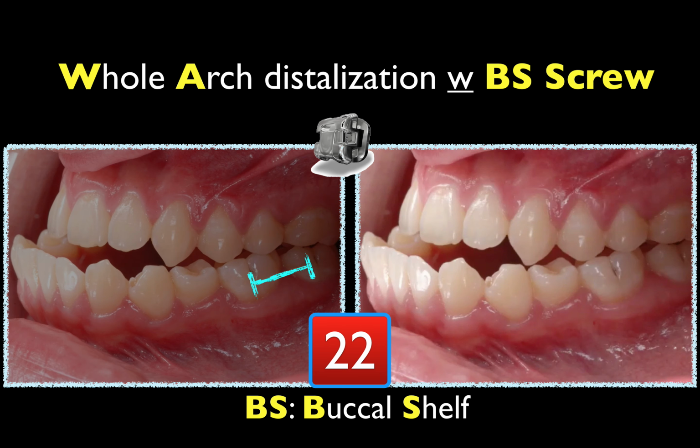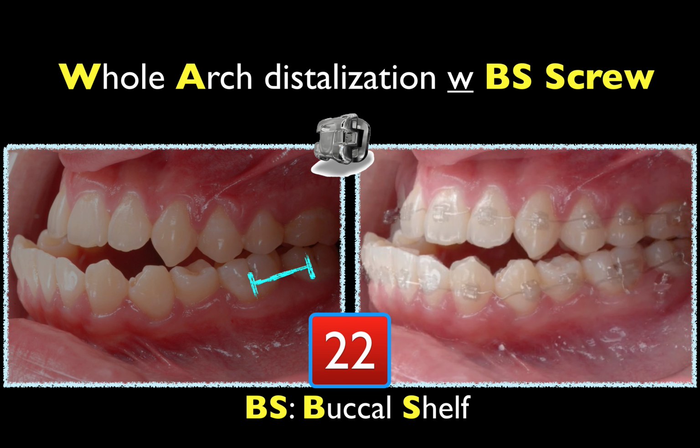The idea behind this approach is this BS screw, by the way, is buccal shear. We are educated persons. We don't say dirty words. So the BS screw is trying to give you a whole arch distalization.